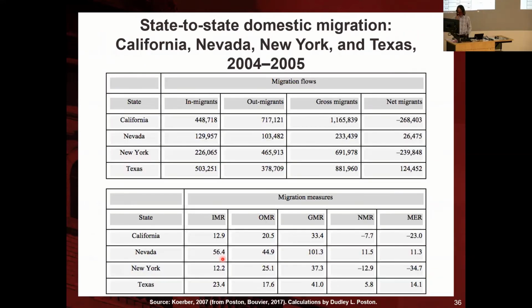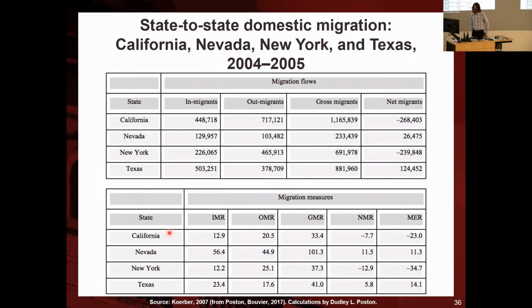This is an example of state-to-state domestic migration. This table is reported in our textbook, and in this case, it's based on the state of residence 1 year before 2005.